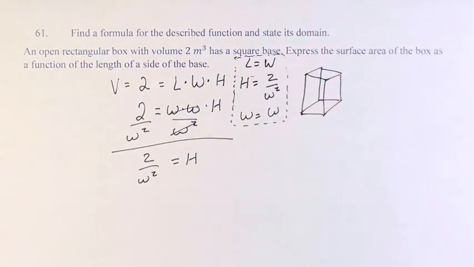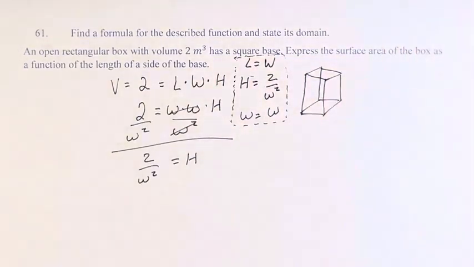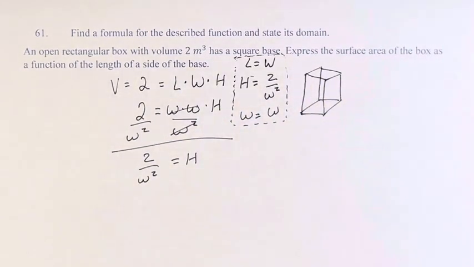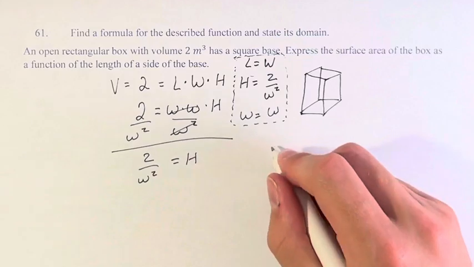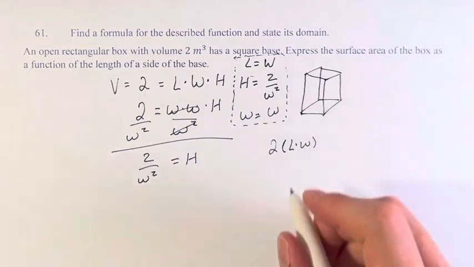We're going to use them to find the surface area. So we have 6 sides here. We are going to represent each of them in terms of W. So let's do the top and the bottom, which are equal to the length times the width. So we have 2 times the length times the width, right?